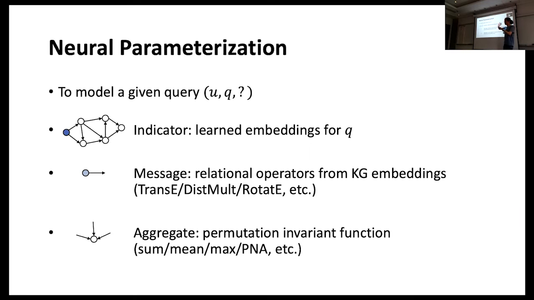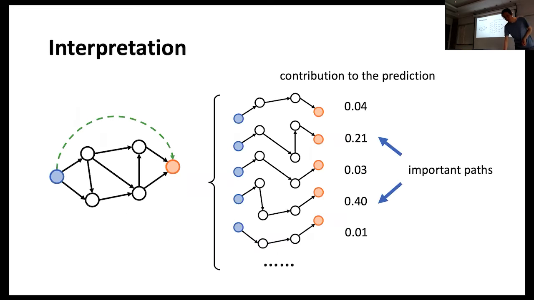And RotatE is just a rotation in complex number space. For the aggregation function, we simply follow standard GNNs, using something like summation, mean aggregation, or max aggregation. And all the components can be learned jointly, end-to-end, by the supervision of knowledge graph reasoning.